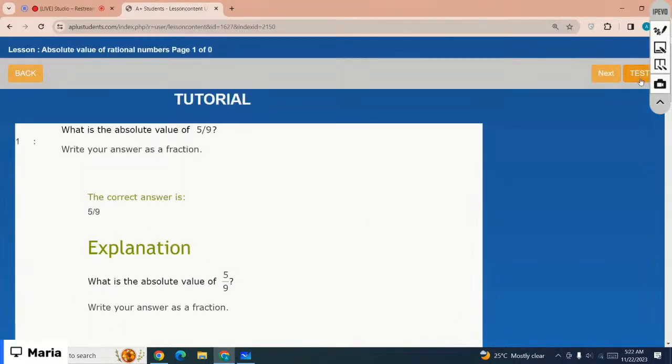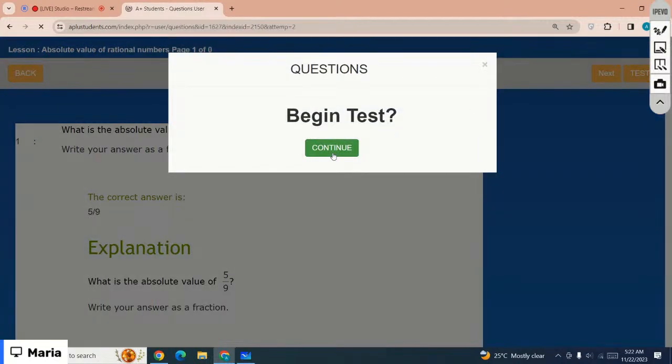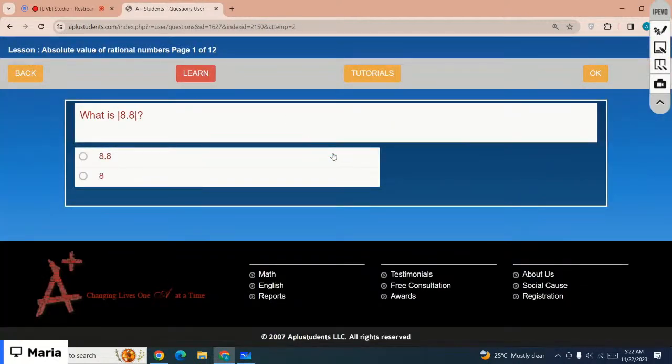Let's just start with the test questions. That is the sign of the absolute value, right? What is the absolute value of 8.8? So 8.8 is already a positive value. So the absolute value is 8.8.